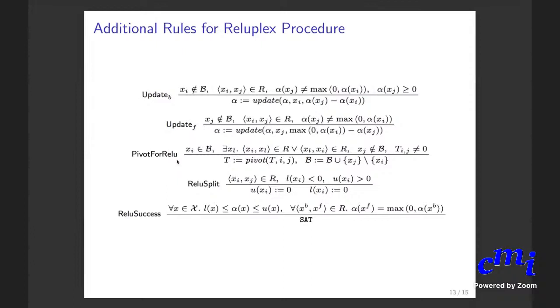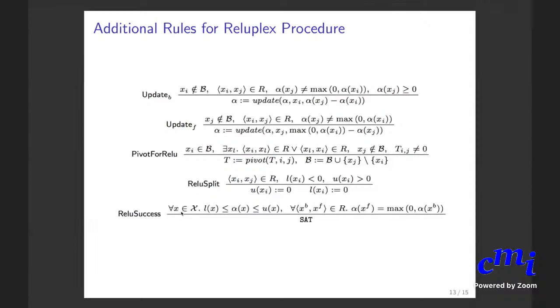Then you can pivot any one of your ReLU variables with something else so that you can move it into the non-basic set, and then you'll be allowed to use update F and update B.